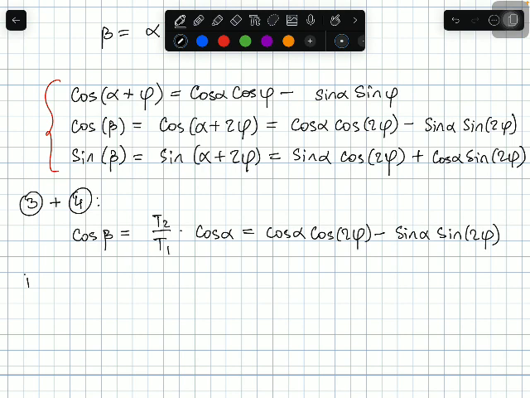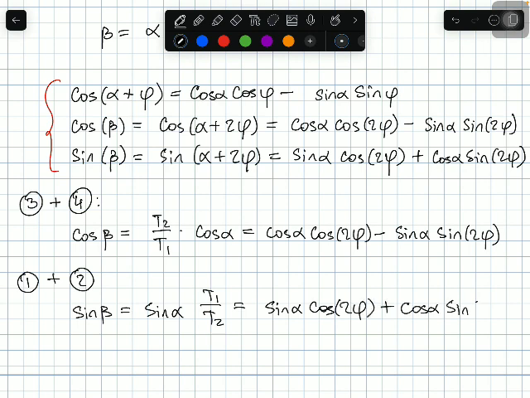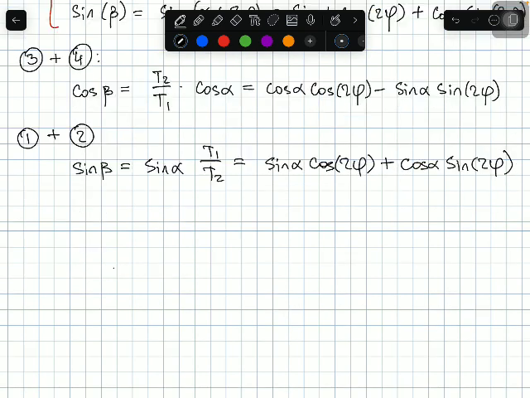And in combination with equations 1 and 2, we can also get sine beta equals sine alpha times t1 over t2, which in turn equals sine alpha cosine 2 phi plus cosine alpha sine 2 phi. The latter comes from the trigonometric identities above. Now, playing around with the last two equations, we can get the following relations. Sine alpha sine 2 phi equals cosine alpha multiplied by (cosine 2 phi minus t2 over t1).